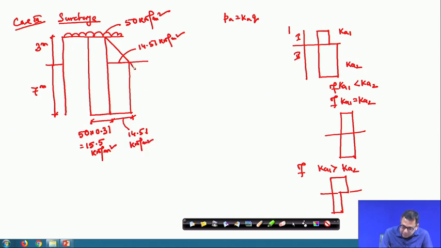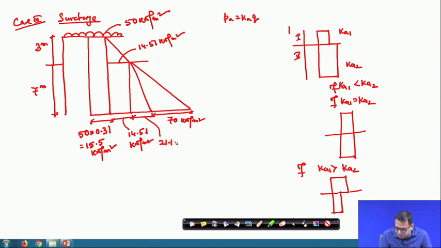Then for the soil and for the water: for the water this will be 70 kilonewton per meter square, and for the soil this will be again 21.1 kilonewton per meter square.